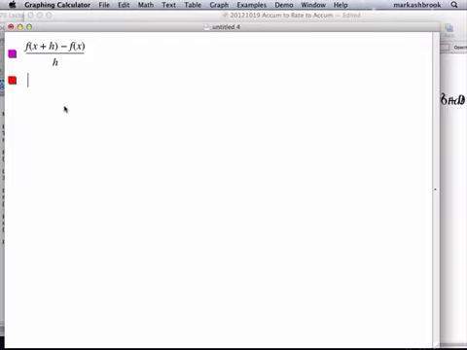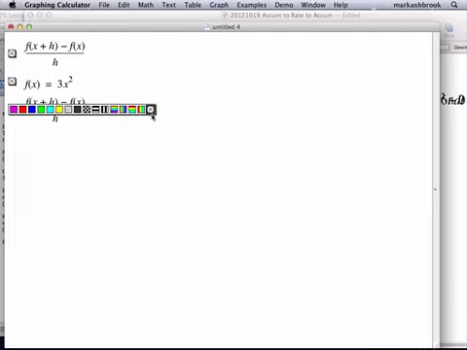So we were doing 3x squared, right? So if f of x equals 3x squared, we are building up this expression right here. So I'm going to rewrite that. If f of x is 3x squared, how can we rewrite this average rate expression?